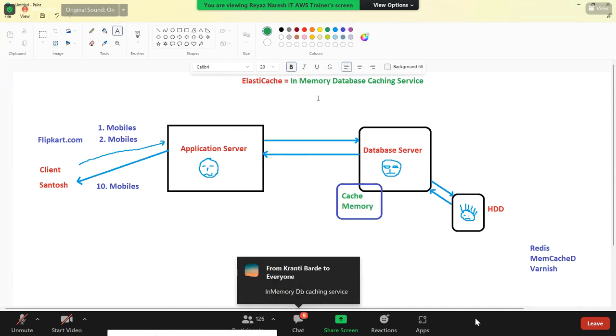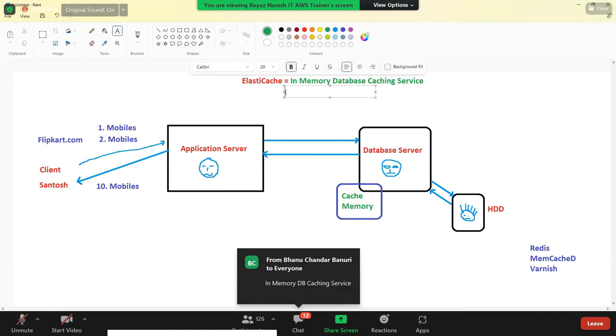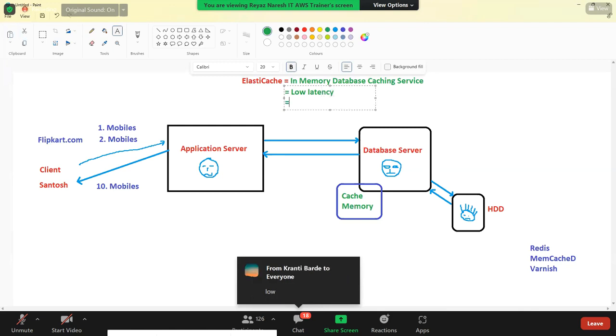So guys, if all the data is in cache, what do we achieve? Low latency or high latency? Obviously we achieve low latency, meaning high performance. If you want to increase the performance, isn't it good to include ElastiCache?